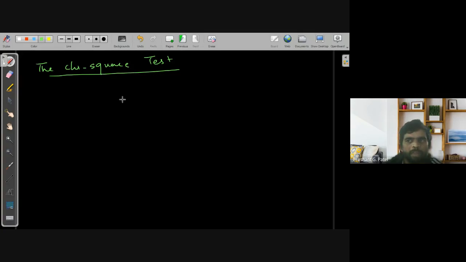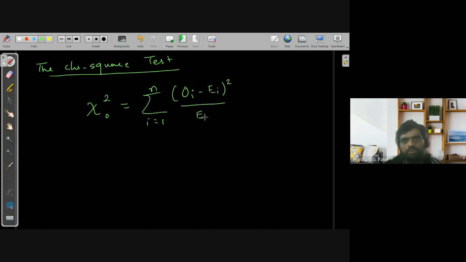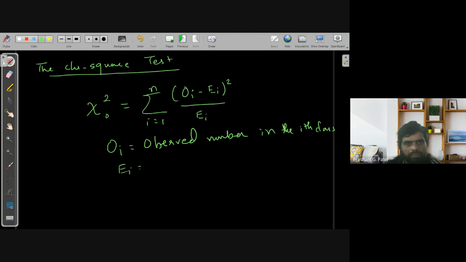The sample statistic for this chi-square test is denoted by this notation: chi-square equals the summation from i equals 1 to n of (Oi minus Ei) squared upon Ei, where Oi is the observed number in the ith class, and Ei is the expected number in the ith class.